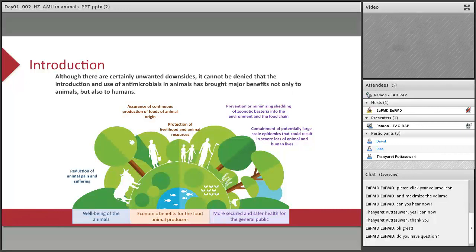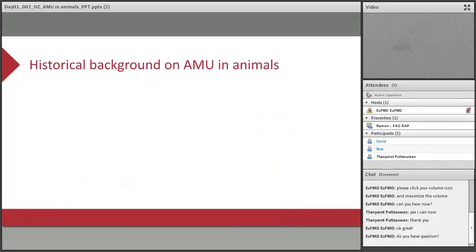Third, it also leads to safer health for the general public and to human health. Even more important, it can contribute to preventing and minimizing the shedding of zoonotic bacteria into the environment and the food chain. As Dr. Joy just introduced, there are zoonotic bacteria.